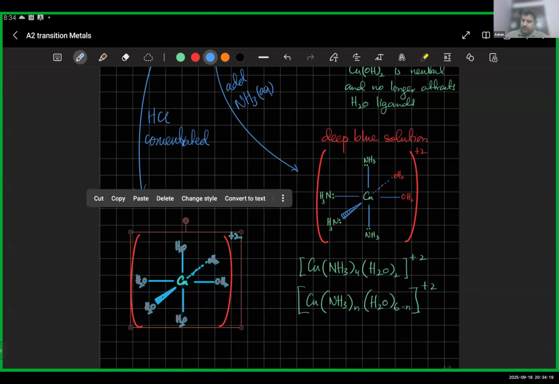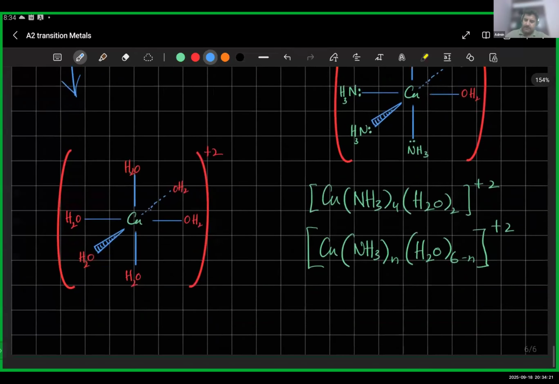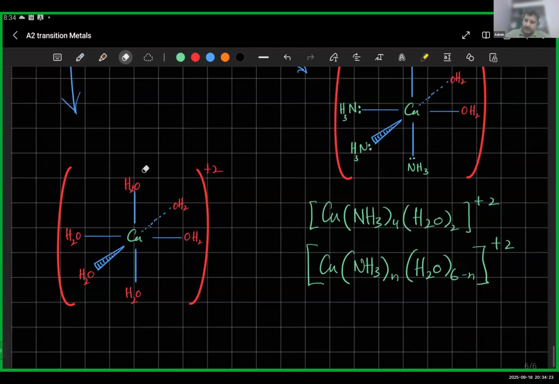Now there's going to be one major difference: it's concentrated HCl, so all the ligands are going to get displaced. But the shape of the complex changes. Instead of the ligands bonded in an octahedral shape, they're now bonded in a tetrahedral arrangement.